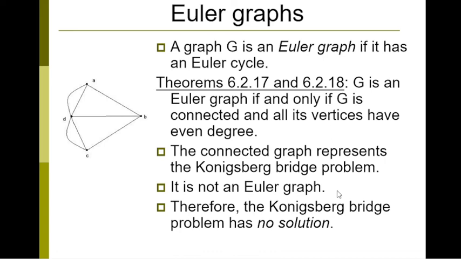A graph is an Euler graph if it has an Euler cycle, if and only if it is connected and all its vertices have even degree. Then only it will be called an Euler graph. And the connected graph then represents the Konigsberg bridge problem. So the graph shown on the left hand side is not an Euler graph. If it is not an Euler graph, then it does not have a particular solution.